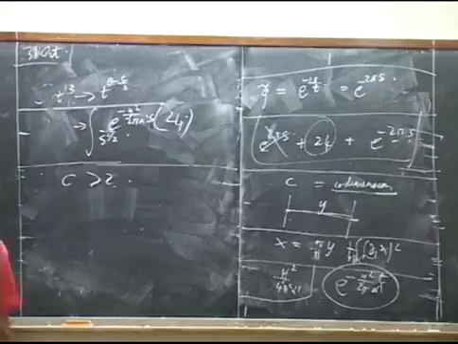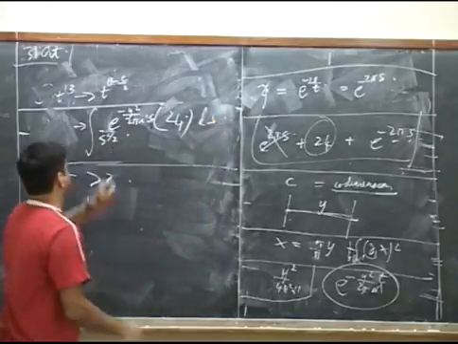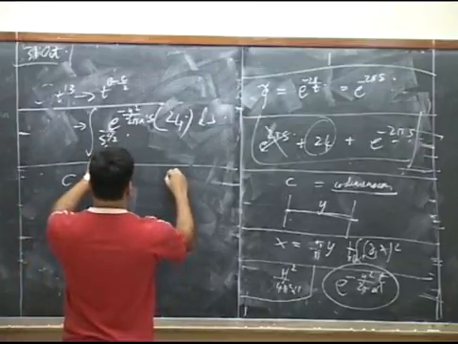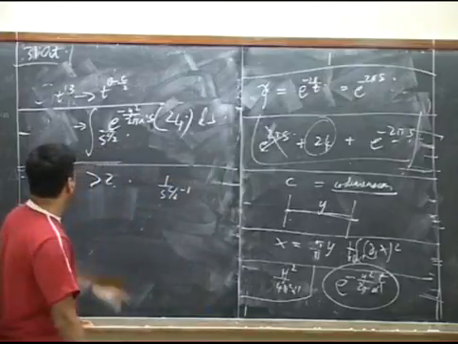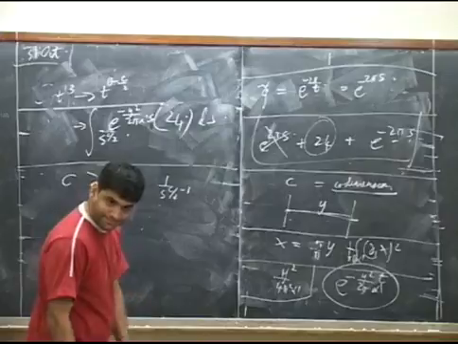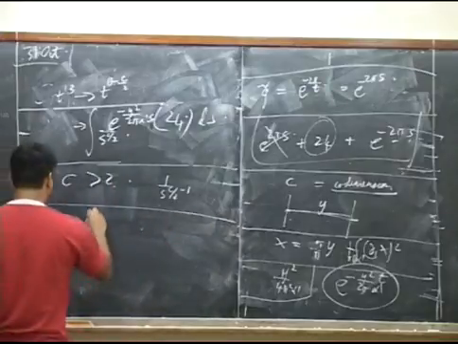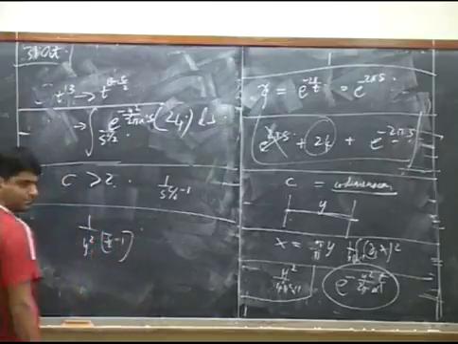And what's the answer? We can get the answer by power counting. The net power is just the integral of 1 over s to the power c by 2 minus 1, times ds, e to the power minus y squared by s. So we get 1 over y squared to the power c by 2 minus 1.